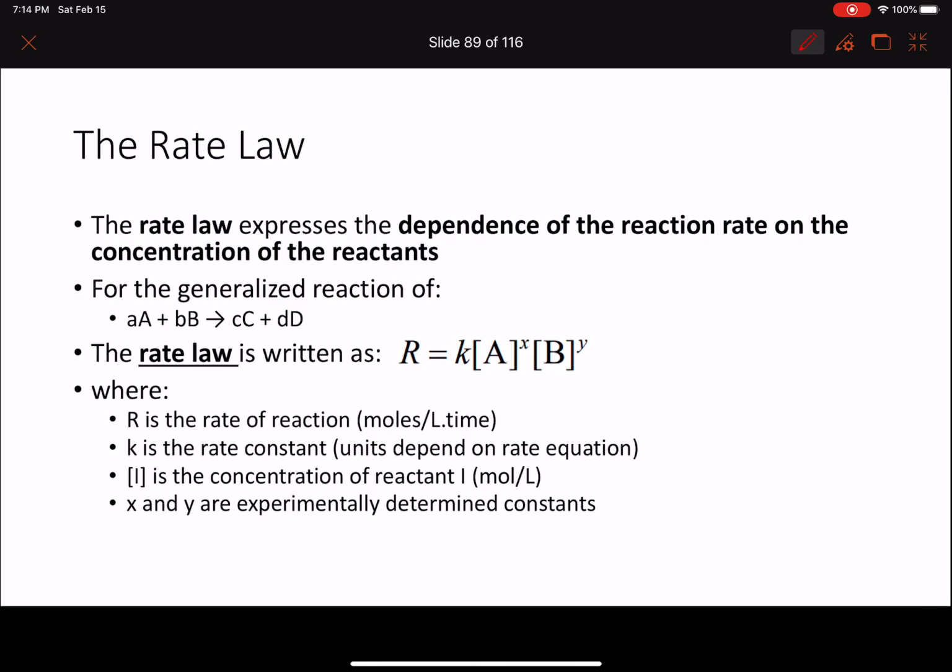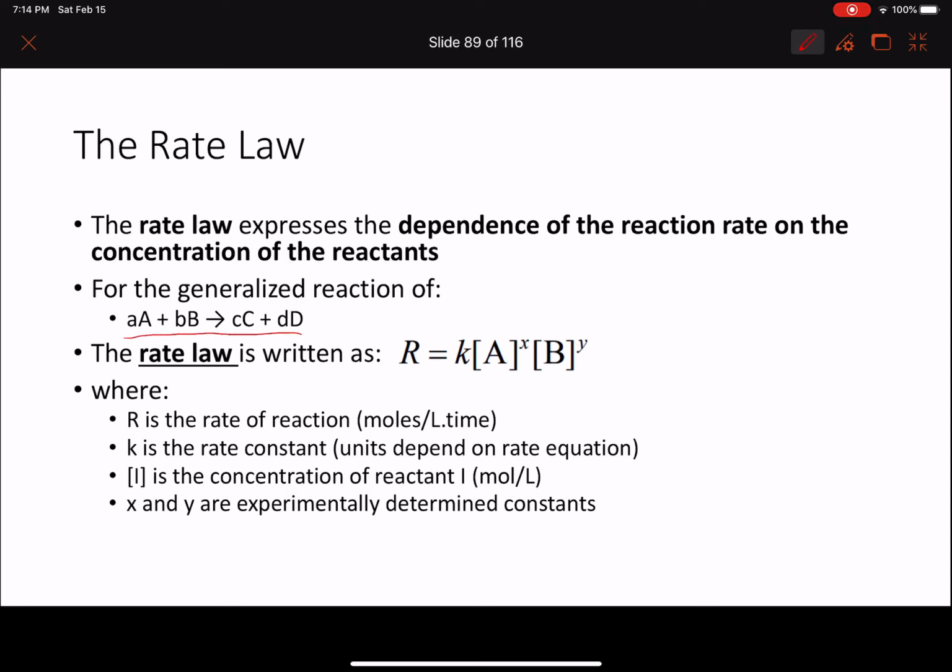The rate law is very important to understand, especially when you are dealing with reaction kinetics. The rate law expresses the dependence of the reaction rate on the concentration of the reactants. Let's say we have this reaction.